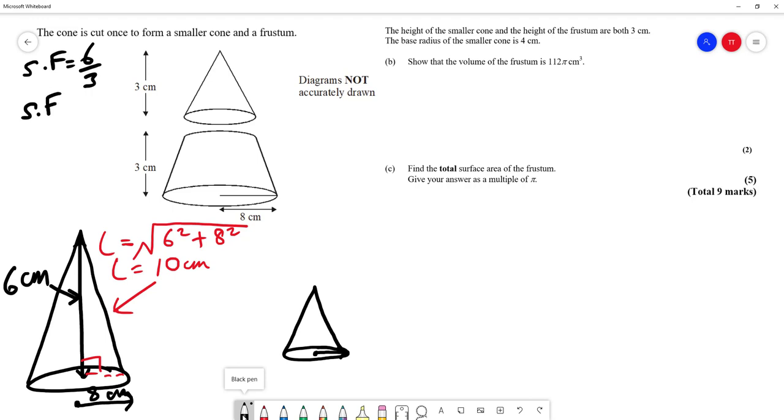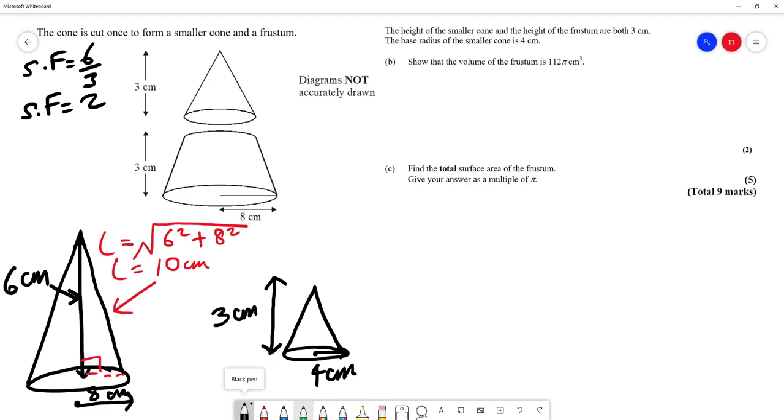So it means the larger cone is twice as big as the smaller cone. So if the radius of the large cone is 8 centimeters, the radius of the smaller cone is certainly 4 centimeters. And don't forget, the perpendicular height of the smaller cone is 3 centimeters.